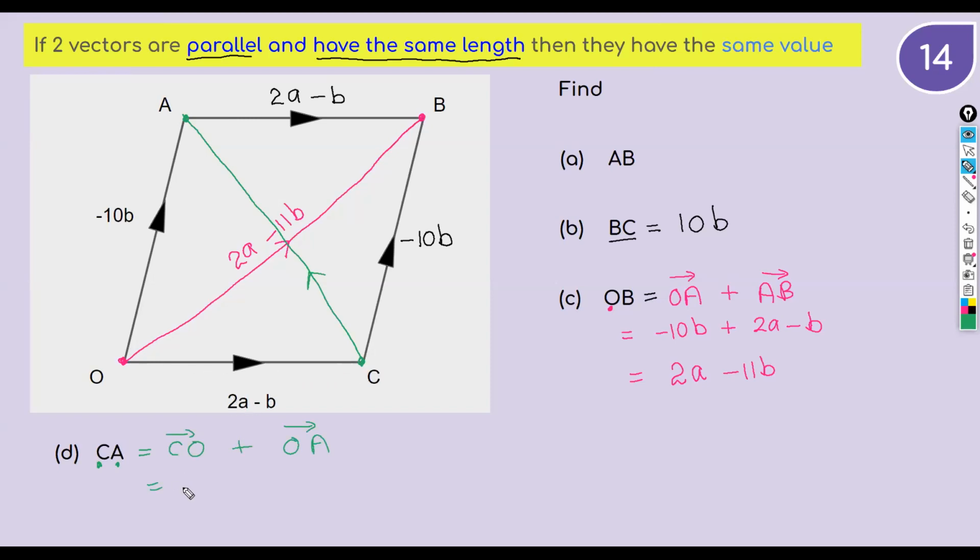Make the signs the opposite here. Minus 2A plus B. And OA is with the arrow. So you don't change a thing. Okay? Add up all the A's, you'll get minus 2A. 1B minus 10B is minus 9B. Right? Let me know how that went, if you all got those answers.